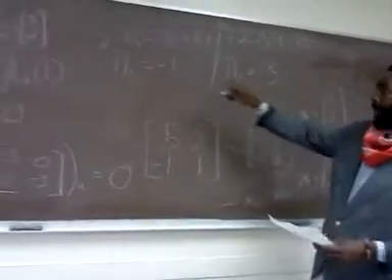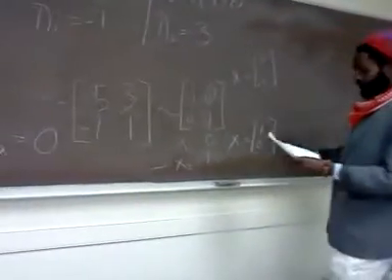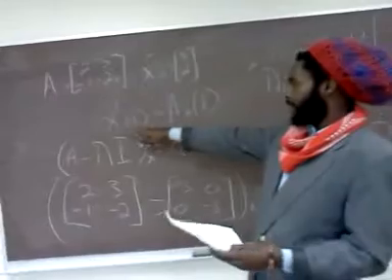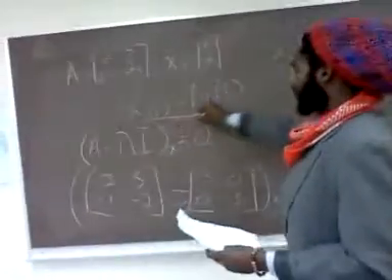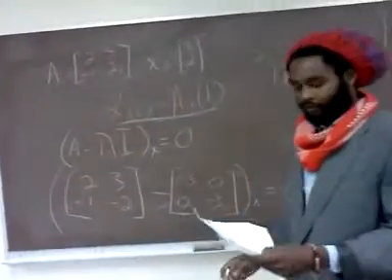Now that we have our eigenvalues and our eigenvectors, we can proceed to solve for x prime, because remember, that's what the original problem is. The original problem was asking us to solve for x prime.